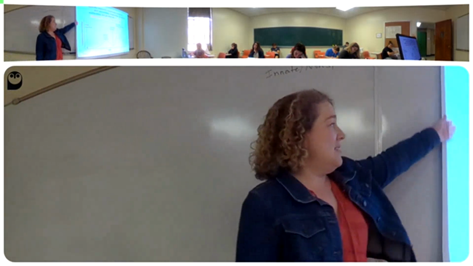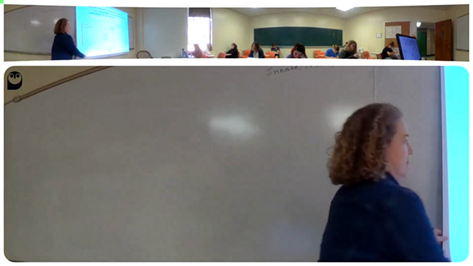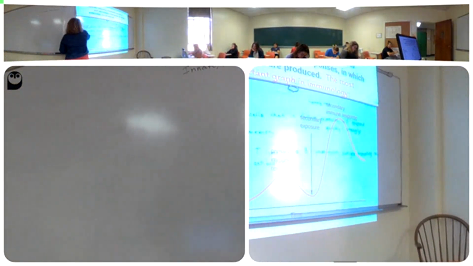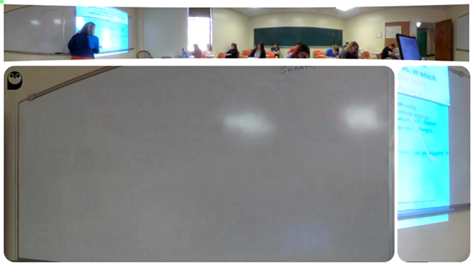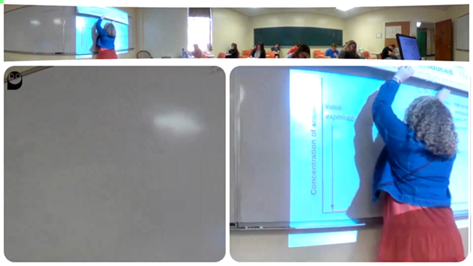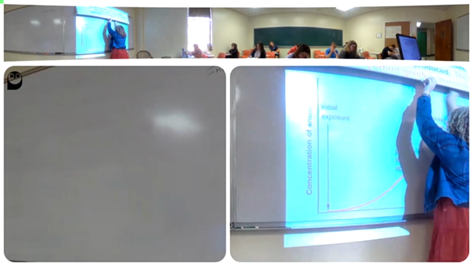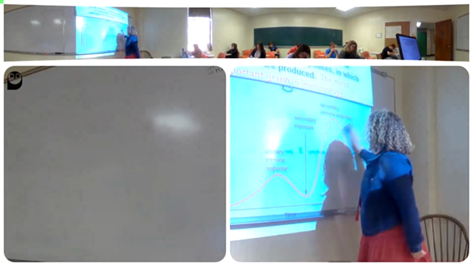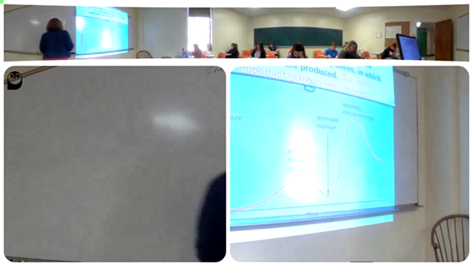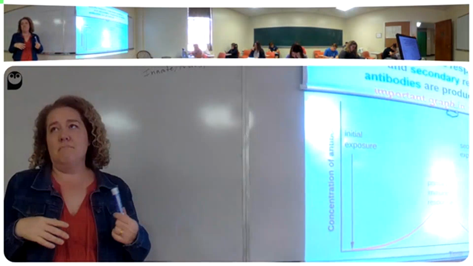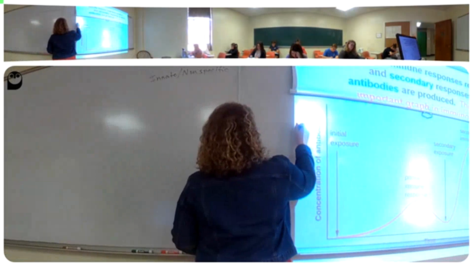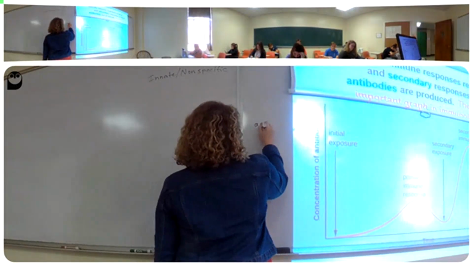The y-axis on this is how much antibody. How much antibody are you making? And then the x-axis is time. So we're looking at how much antibody you produce over time. And this is not just all antibodies that you can make in total. This is antibody against a specific pathogen.